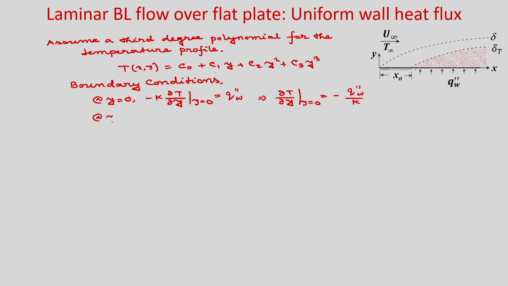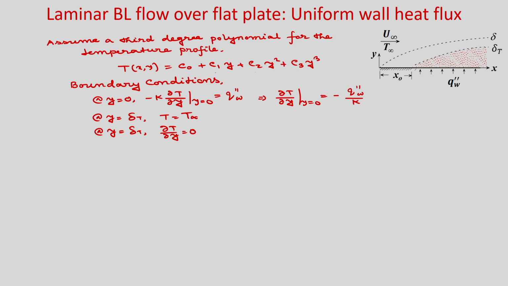So, at y equal to delta T you have T equal to T infinity, and also del T by del y equal to 0, because that is the free stream temperature, so there will be no gradient.